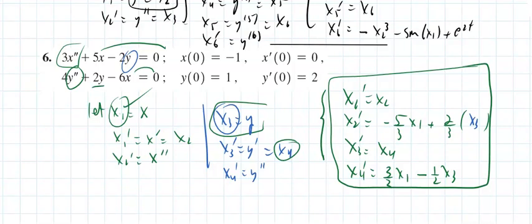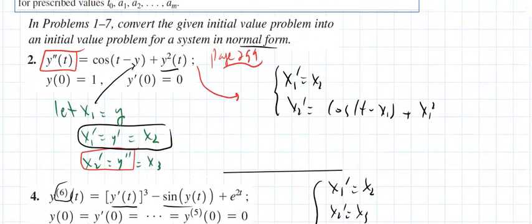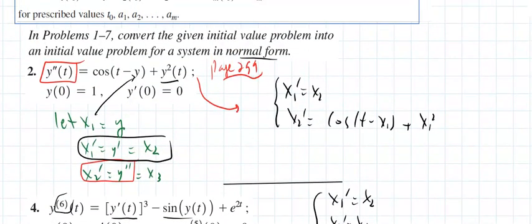Oh, I almost forgot the initial conditions. Okay, initial conditions. When they say y of 0, well, we know that y is x1, so x1 of 0 is 1, and y prime is really x2 of 0 is 0.